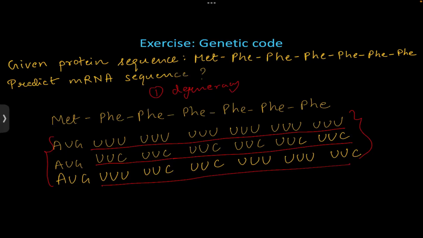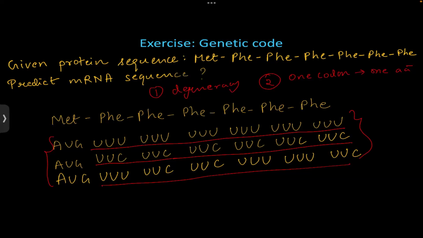Another thing to note is one codon codes for one amino acid. Triple U can only code for phenylalanine. It cannot code for any other amino acid like serine or alanine, etc.